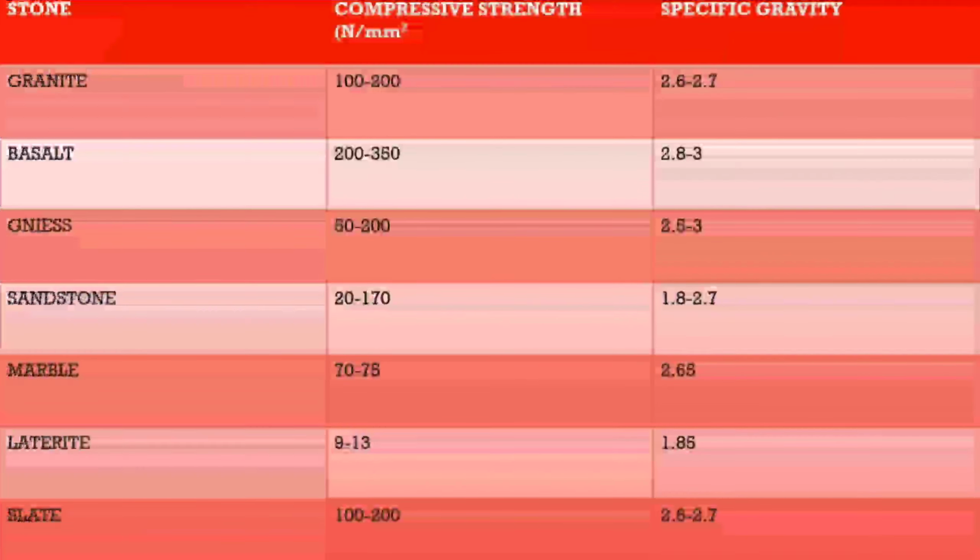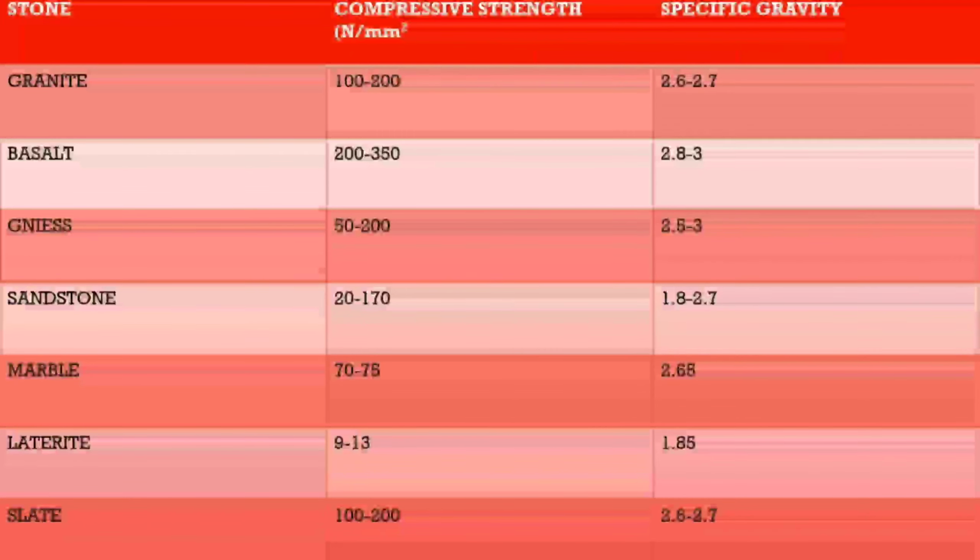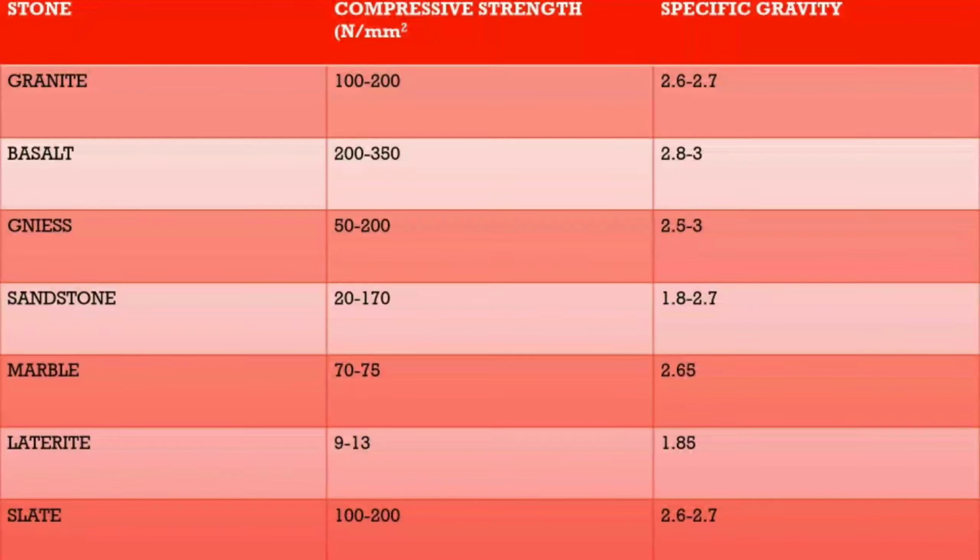Know about some common stones which are used in buildings. Granite. It has compressive strength 100 to 200 Newton per mm square. Its specific gravity is 2.6 to 2.7. Basalt. Compressive strength of 200 to 350 Newton per mm square and a specific gravity of 2.8 to 3. Gneiss. Compressive strength 50 to 200 and a specific gravity 2.5 to 3.